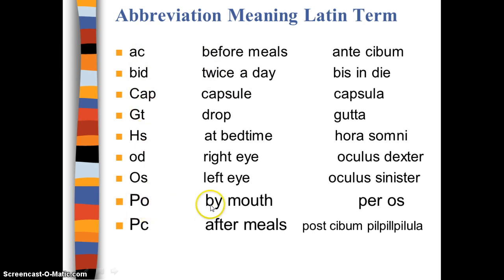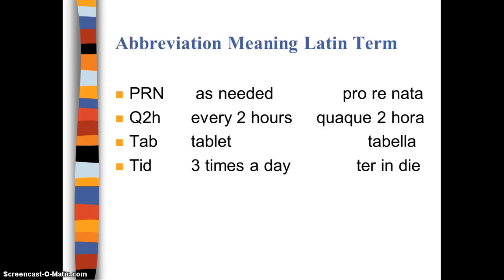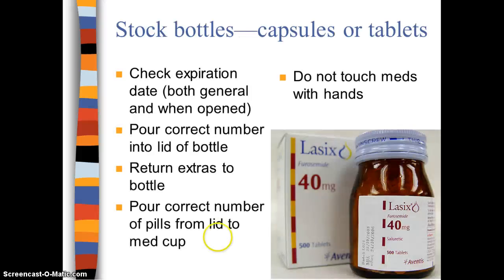PO is something that you'll be seeing all the time, and that's by mouth, or per os in Latin. You certainly don't need to know the Latin, but I thought if you understood where these abbreviations came from, they would have more meaning for you. PRN, for example, is as needed. You may take this medication as needed instead of as specifically, say, every 2 hours. So I just wanted to give you a heads up on the abbreviations that you'll be running across.